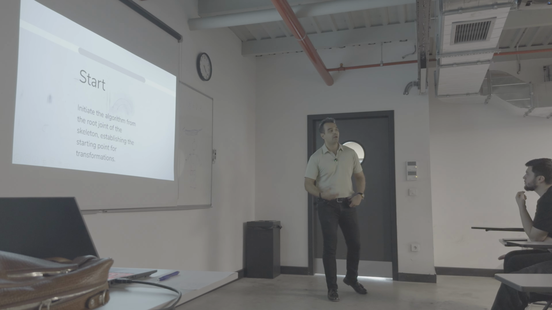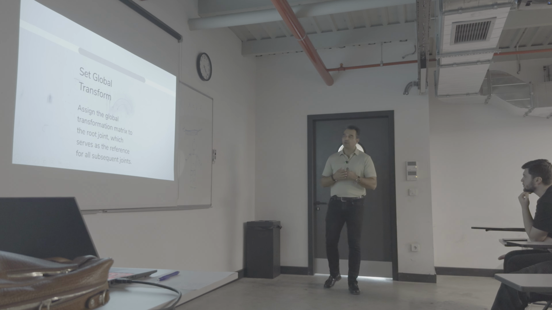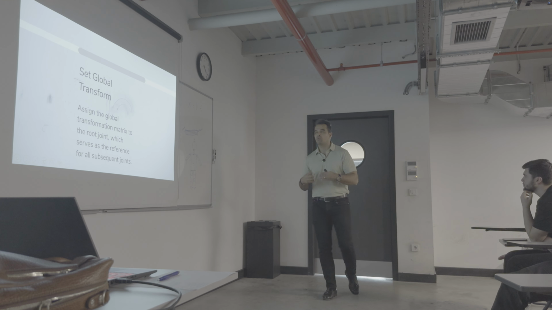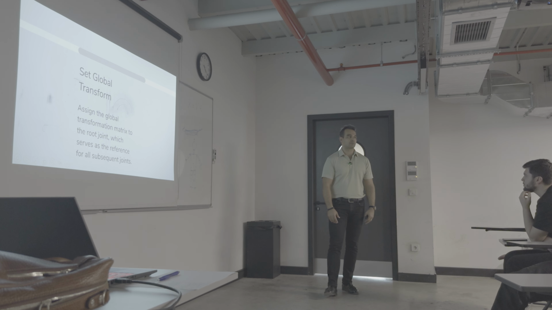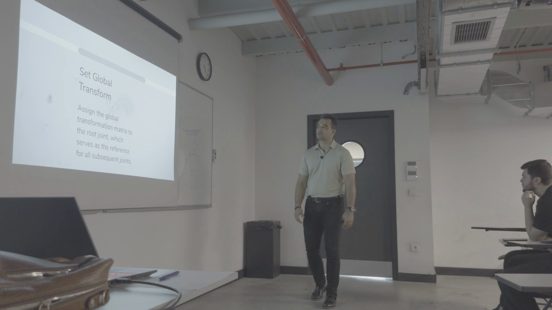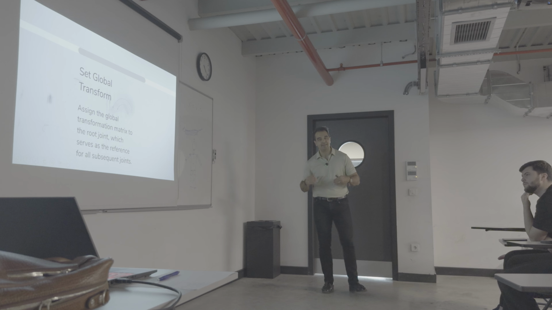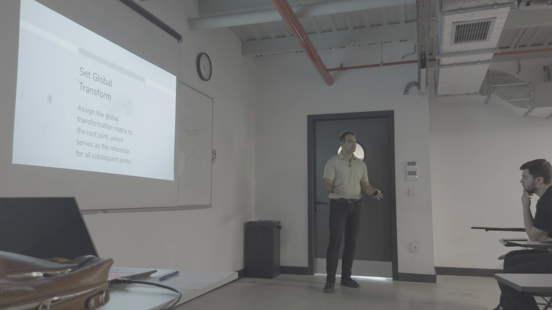After that, you need to define the global transform of the other joints. I have to define the other joints: wrists, ankles, knees. Then I should create a matrix which represents the global transformation with respect to the motion that you are applying to the character.